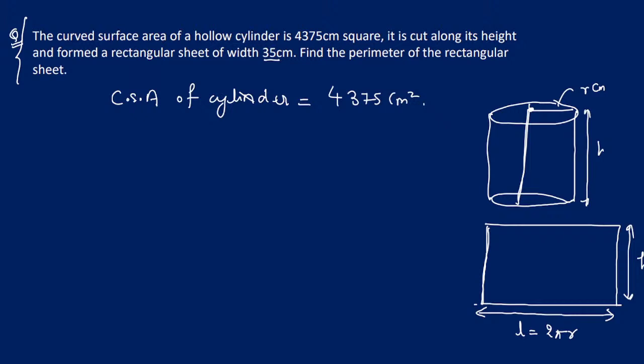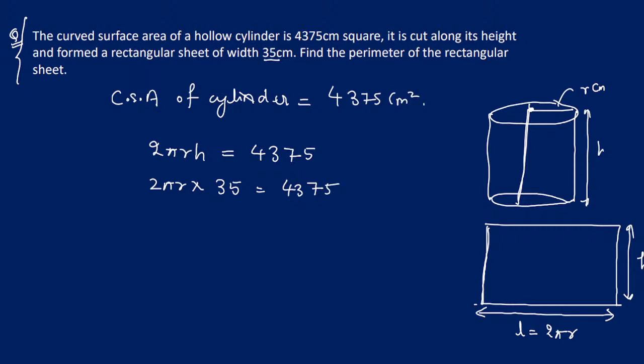So in order to find the length of this rectangular sheet, the curved surface area of the cylinder is given. Curved surface area means 2 pi r h. 2 pi r h is 4375 centimeter square, given to you. The value of h is given to you, 35 centimeter.